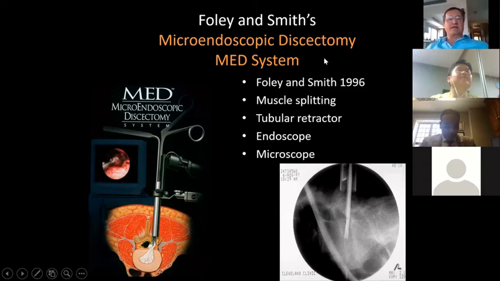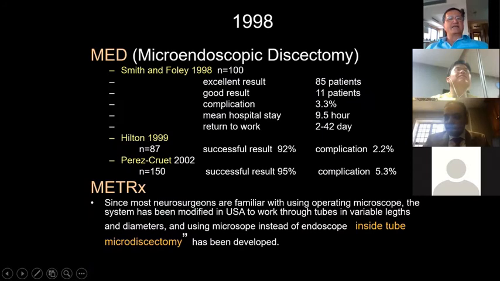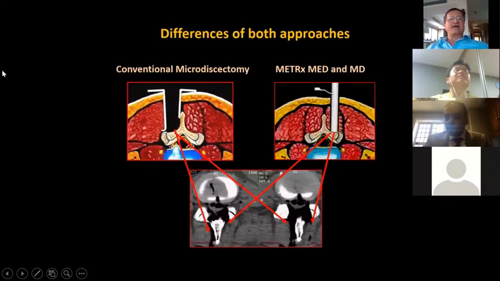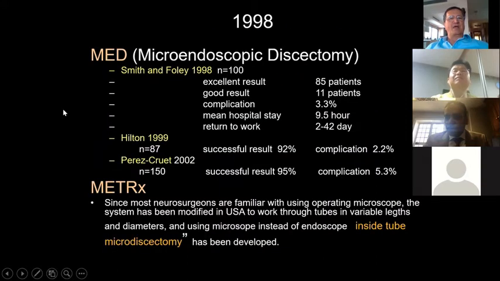They mentioned it for the first time in 1996, and their first publication was in 1998. They published 100 cases, and the system they used was the Medtronic system.